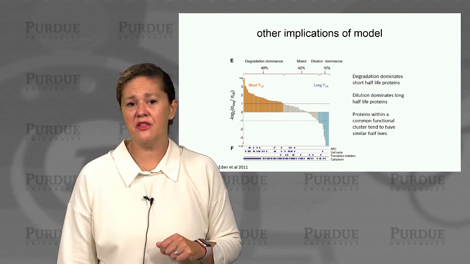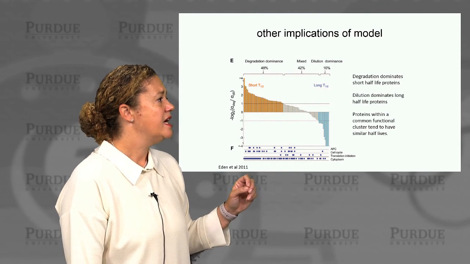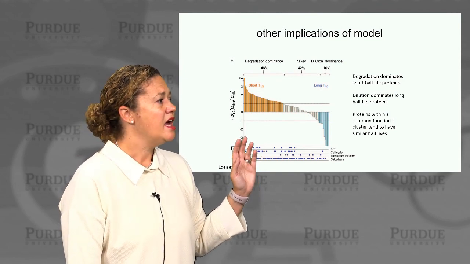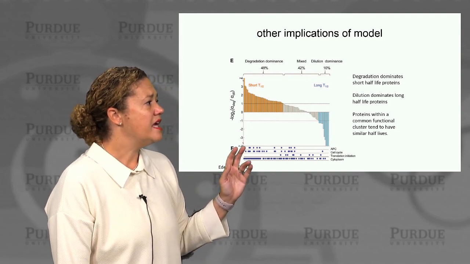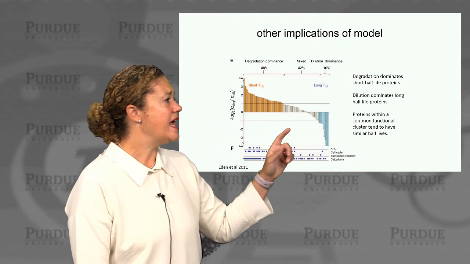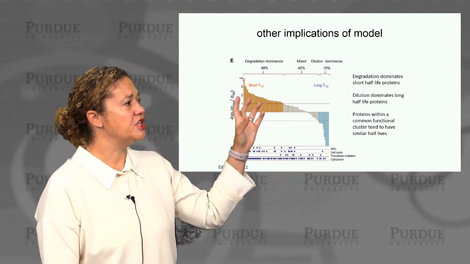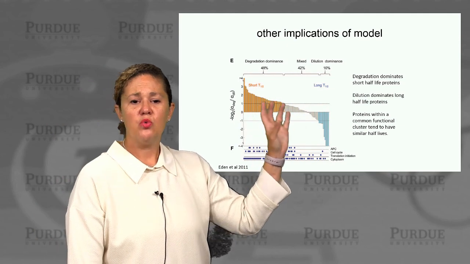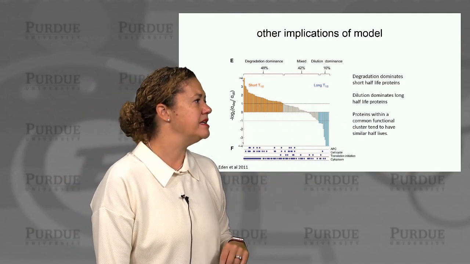So let's look at some other implications of the model by going back and looking at their data in a slightly different way, across all the proteins they looked at. Here they sorted the proteins by short half-life and long half-life. It's useful to look at which ones were really dominated by degradation and which by dilution.